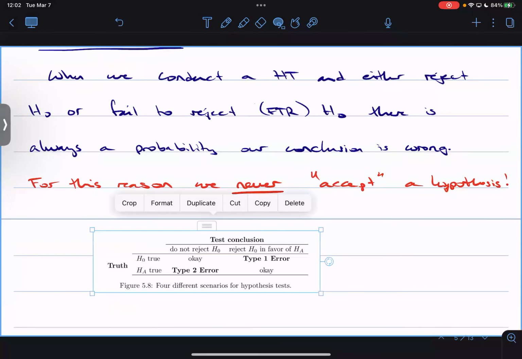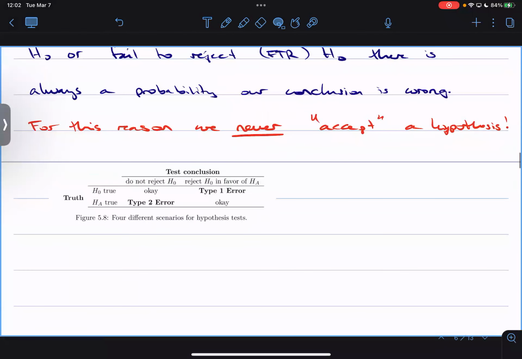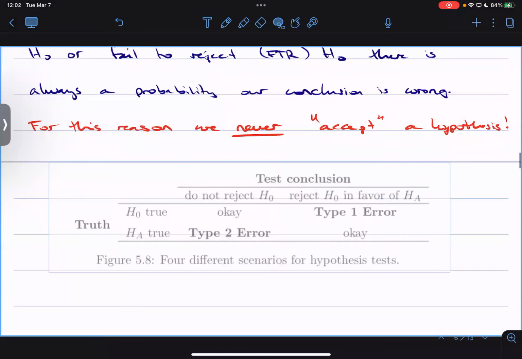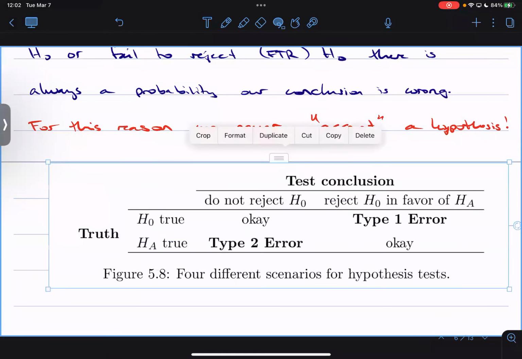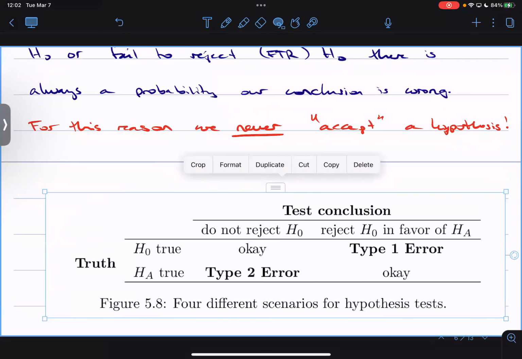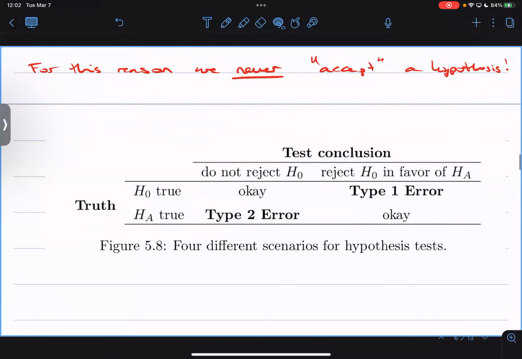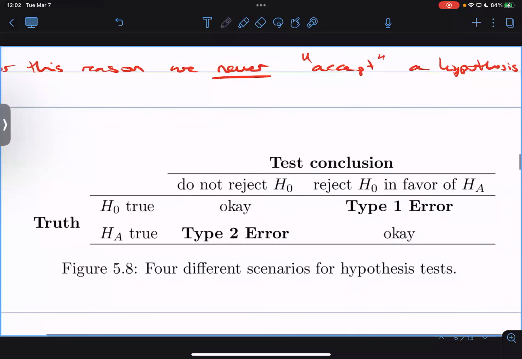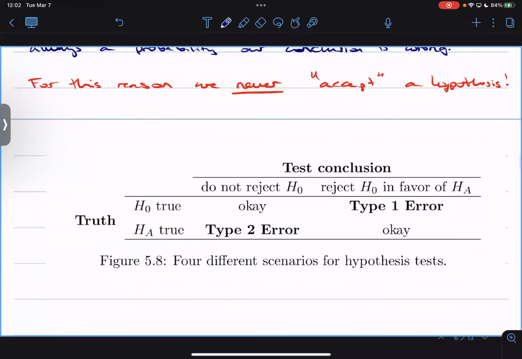Okay. So I like to use this table and I kind of memorize it, I guess. Okay. So like we said, when we started talking about hypothesis testing, there is some population proportion. We don't know what it is, right? But it exists. And so here, there is some truth, right?